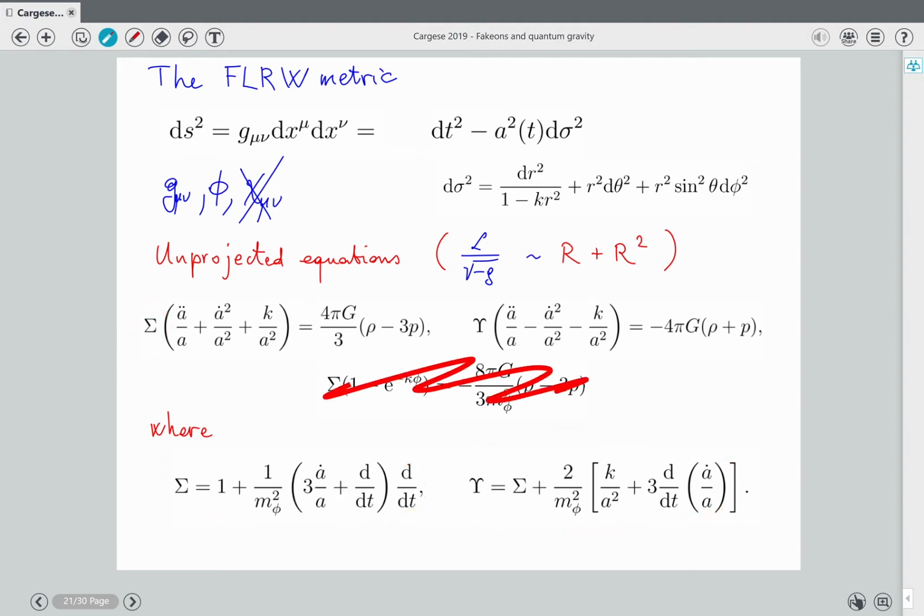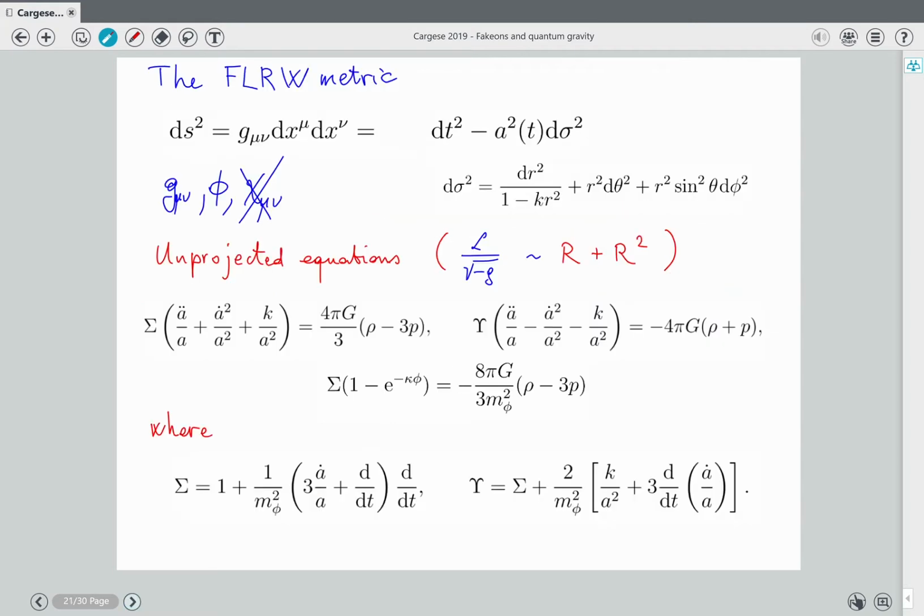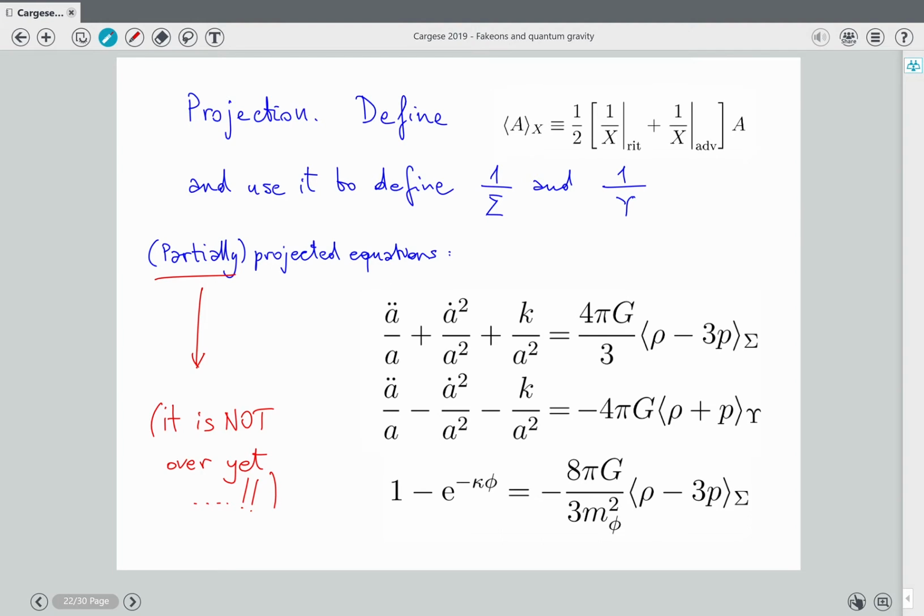Forget about the equation for phi, it's not important here. The factorization makes the projection easy, because you take the operator and invert it with the Fakeon prescription. And so the projected equations look like this.